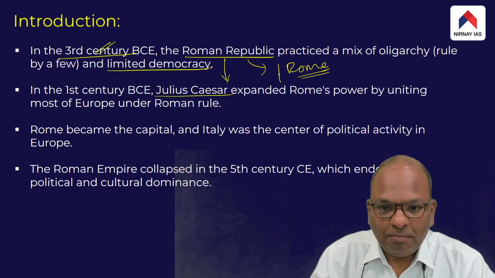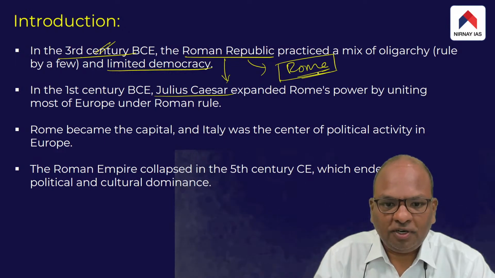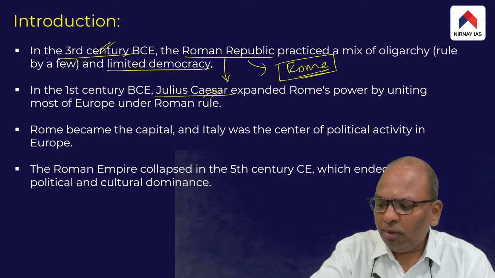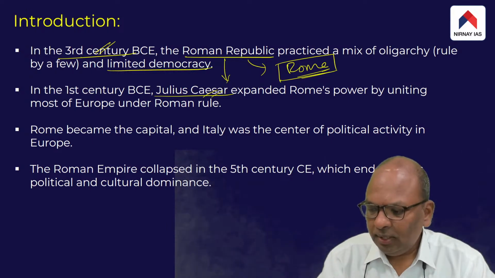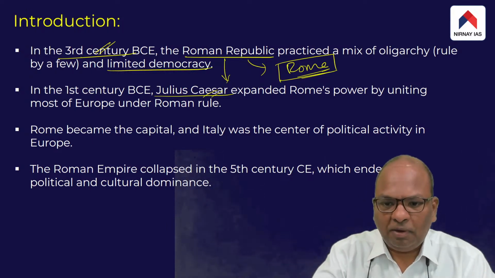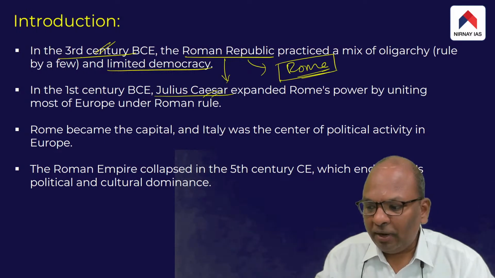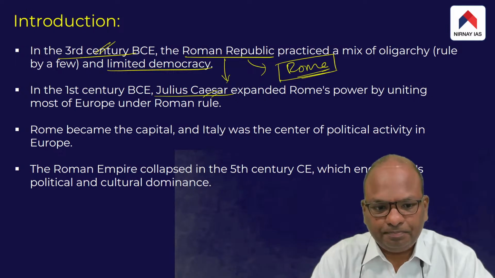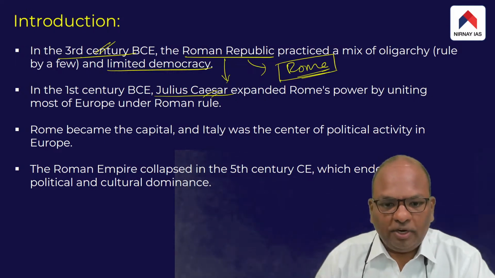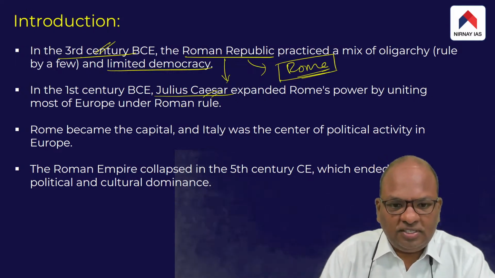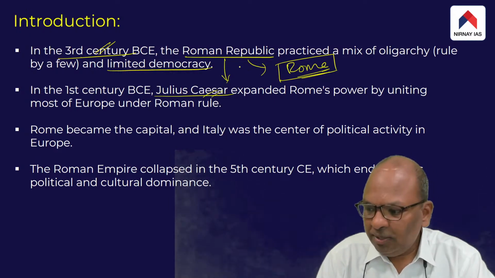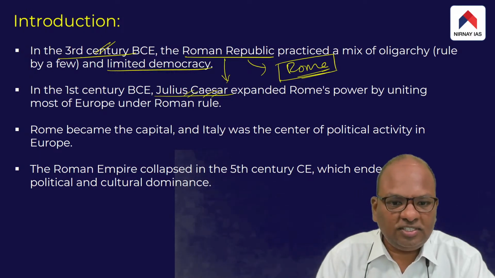He expanded Rome's power to a great part of Europe by uniting most parts of it. So in the 1st century BC, the Roman Republic emerged as a very powerful kingdom under the leadership of Julius Caesar.